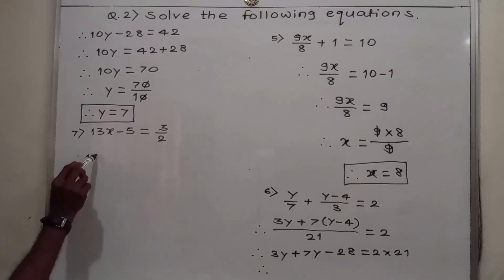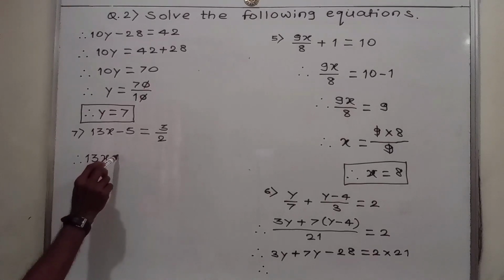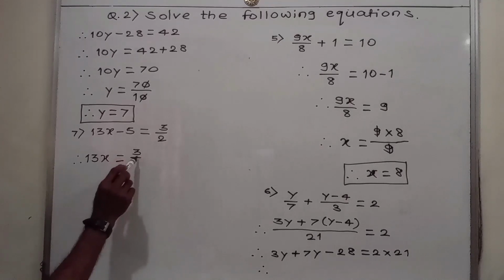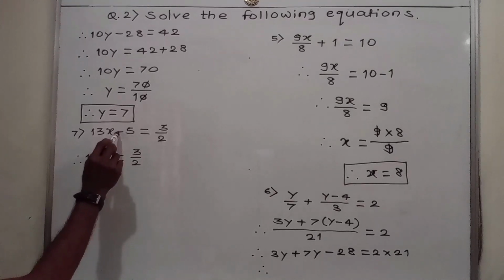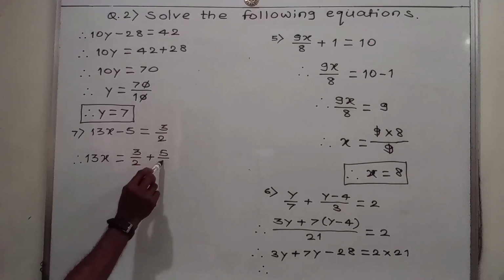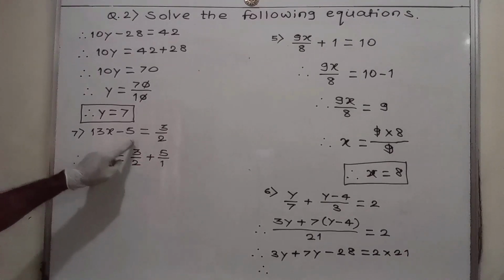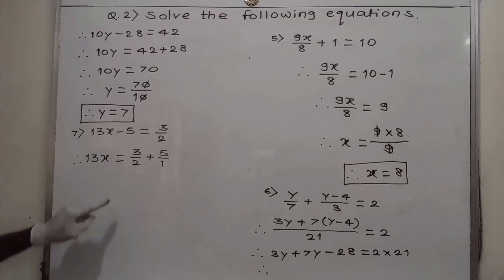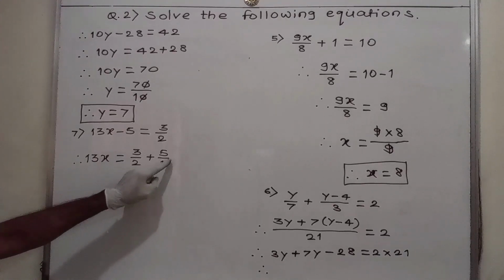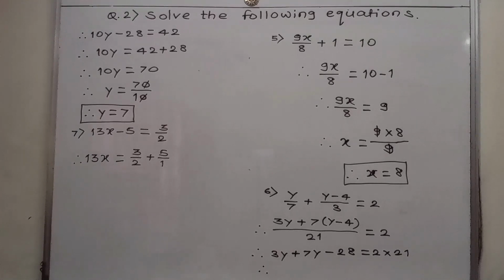Therefore, 13x is equal to, we take this to the right side. Minus becomes plus. We write 5 upon 1. Why? Because this is a fraction, so we convert this 5 into a fraction, 5 upon 1.